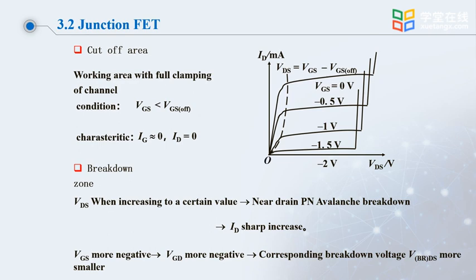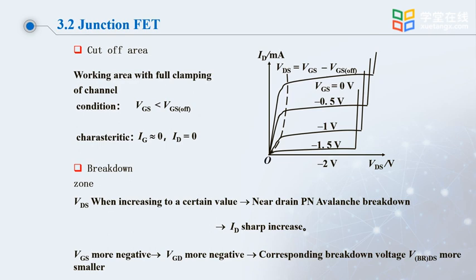That is, between the drain and the source, no N-type channel is conductive, so the current ID between the drain and the source equals 0. In this case, the junction FET is cut off. As shown in the diagram, when the gate-source voltage VGS is less than or equal to -2, you can see that the drain current is gone.